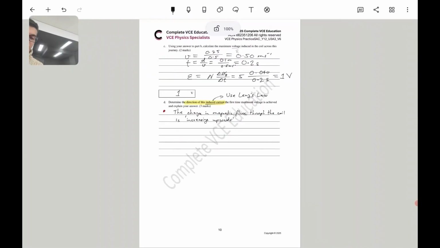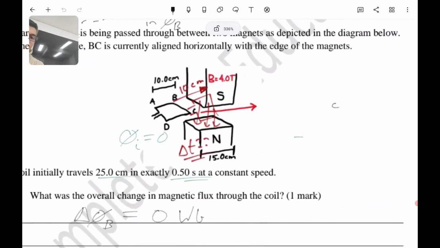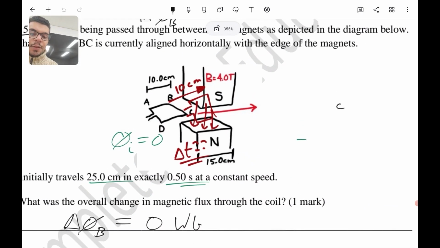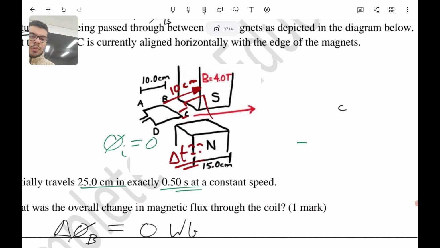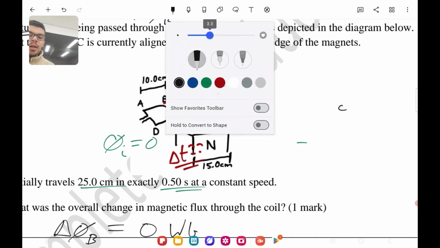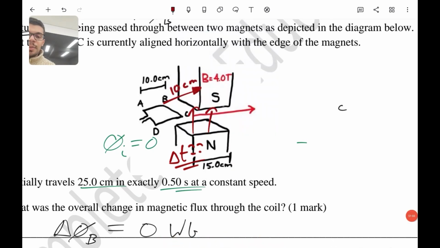So let's have a look at this, guys. We know that our magnetic field lines are going to be pointing upwards, aren't they? So the magnetic flux is going to be upwards. Now, as the coil approaches the magnetic field, the magnetic flux will be increasing, wouldn't it? So that's the first step, mentioning the increase in the magnetic flux.